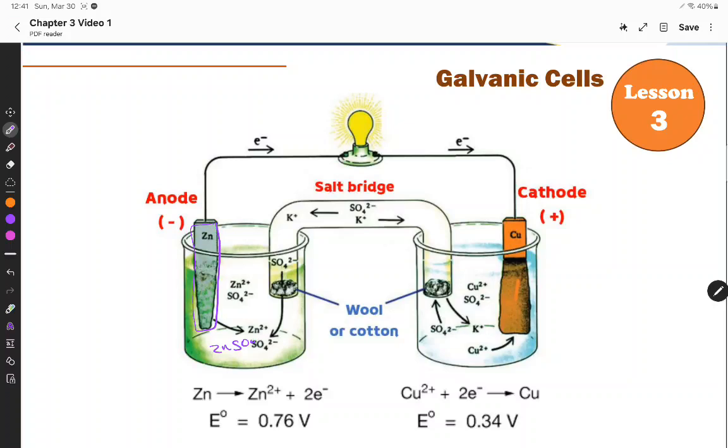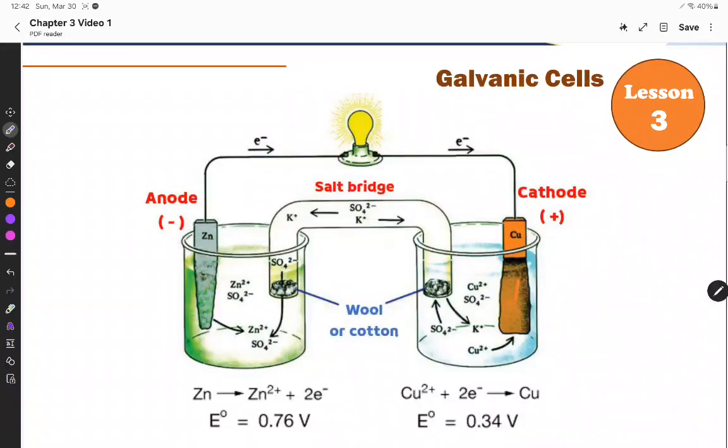And in the other, cathode half cell, we have solution of copper sulfate, and the electrode of copper is immersed partially in this solution, and these two half cells are separated. Between them there is a salt bridge. This is a salt bridge, and we are going to see the function of the salt bridge later.